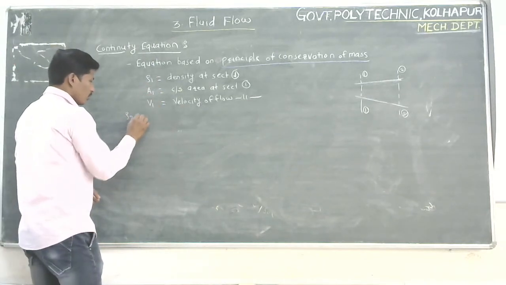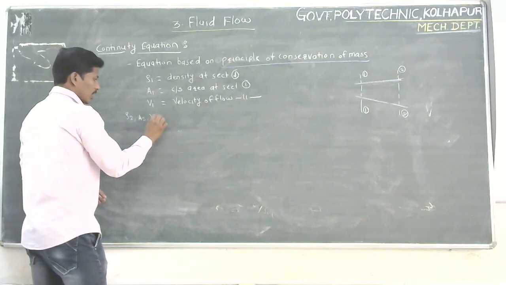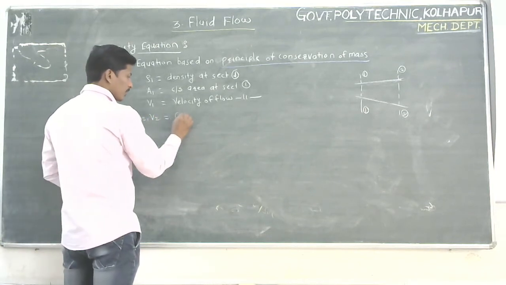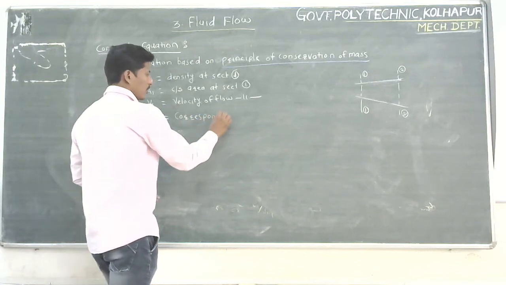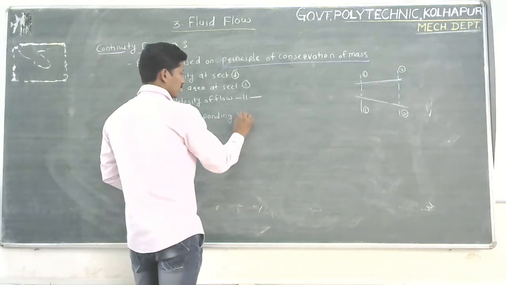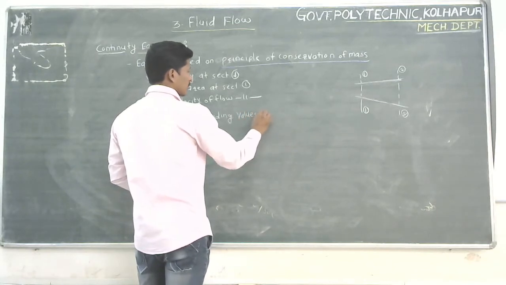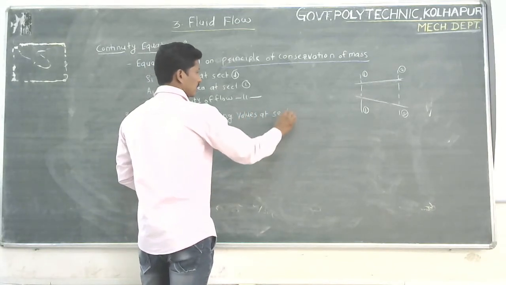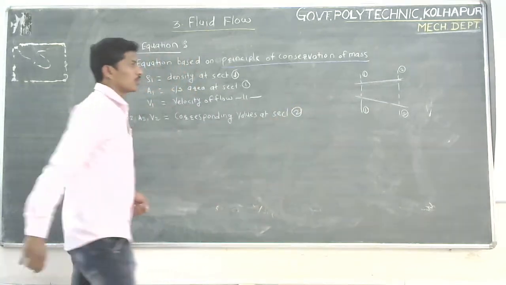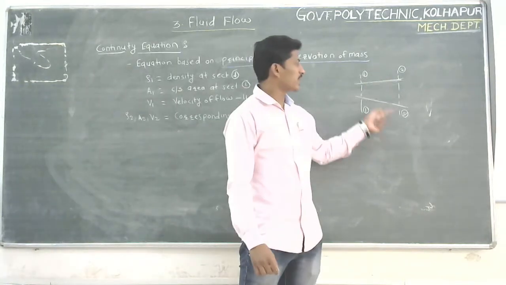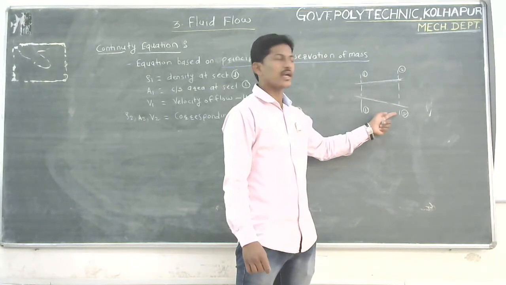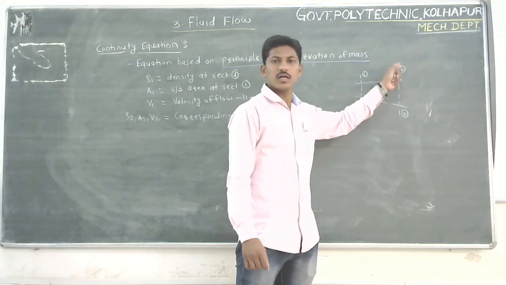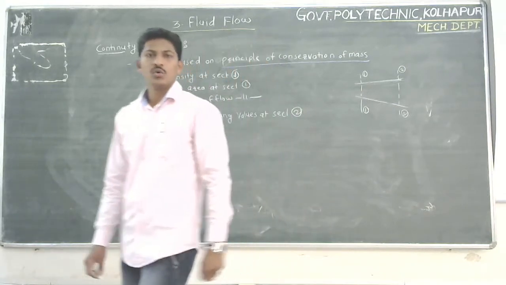Similarly, rho 2, A2 and V2 will be the corresponding values at section 2. Rho 2 is the density at section 2, A2 is the cross-sectional area at section 2, and V2 is the velocity at section 2, right?